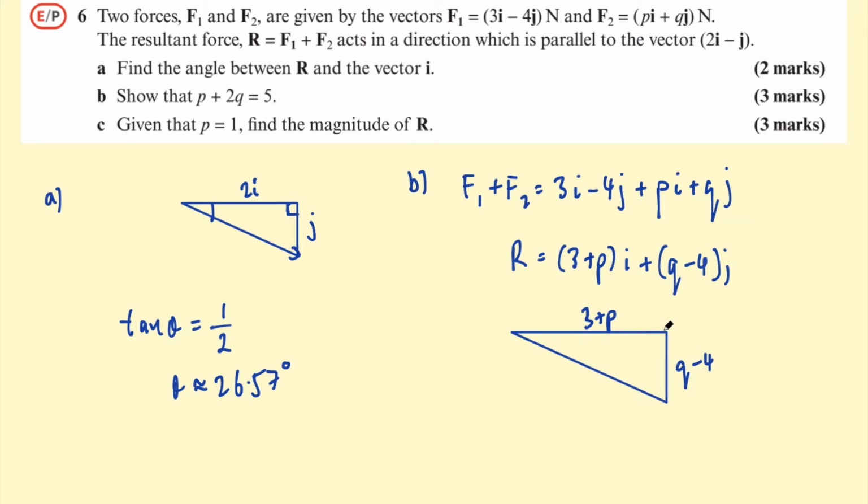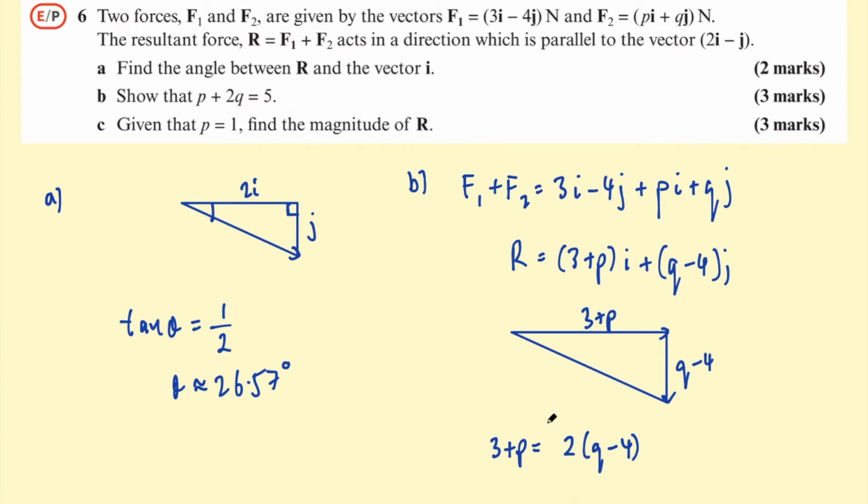So the horizontal part of this vector is twice the size of the vertical part. That's what it's telling us when it says that it's parallel to 2i minus j. So if we want to represent these unknowns, p and q, in an equation and then solve, we can say that 3 plus p is equal to 2 times the magnitude of q take 4.